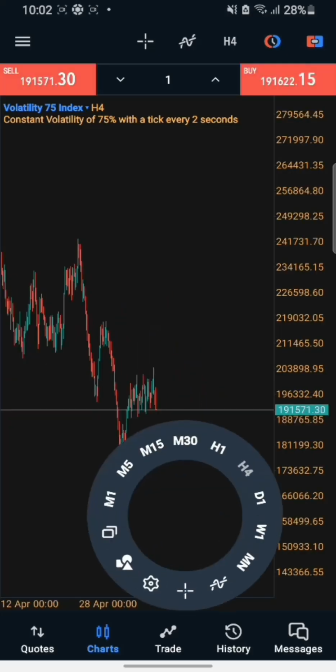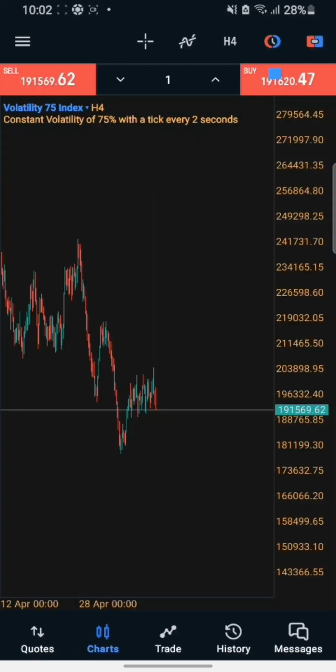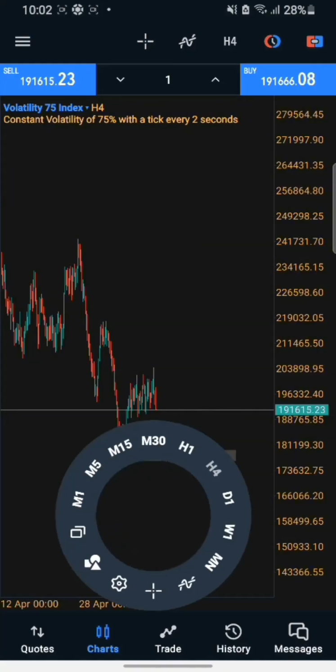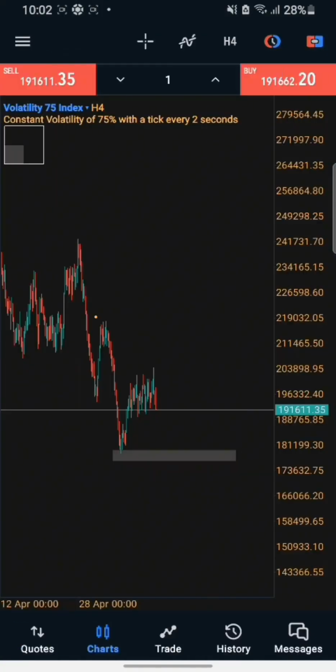And then we close the market. Now we're in $486 account. So with this 486, let's look for trades in the Volatility 75.